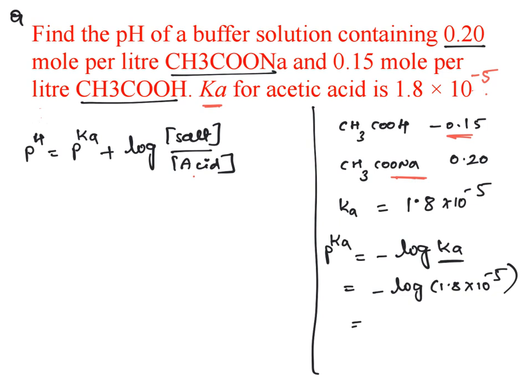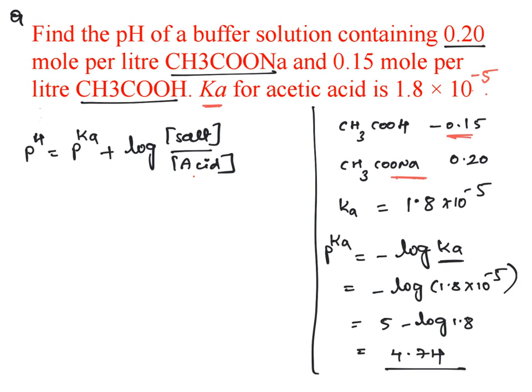It is 5 minus log 1.8, approximately 4.74. Log 1.8 is 0.25, and subtracting it from 5 gives 4.74. This is the pKa of acetic acid.